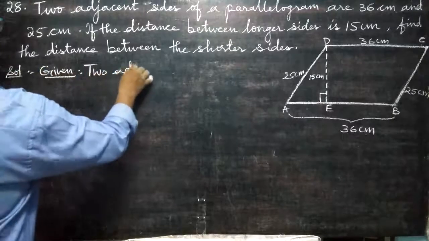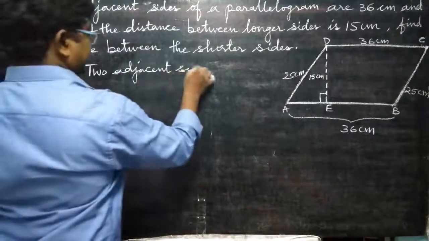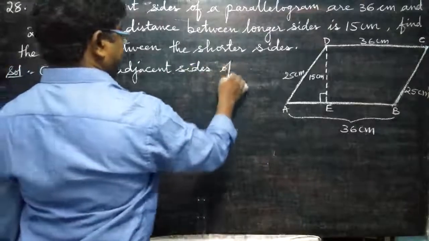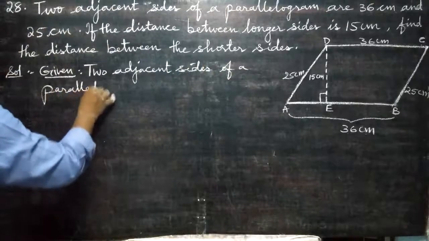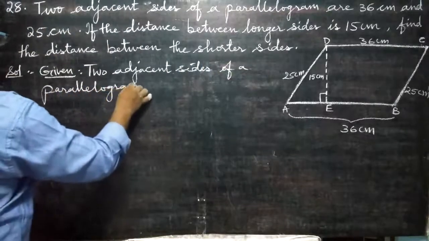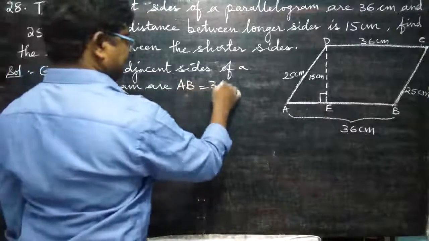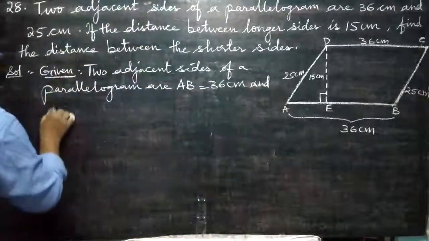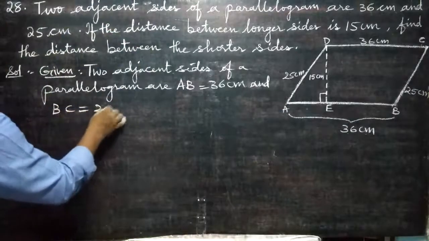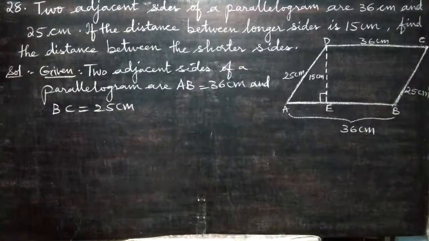Two adjacent sides of a parallelogram are AB is equal to 36 centimeters and BC is equal to 25 centimeters. Adjacent, side by side.